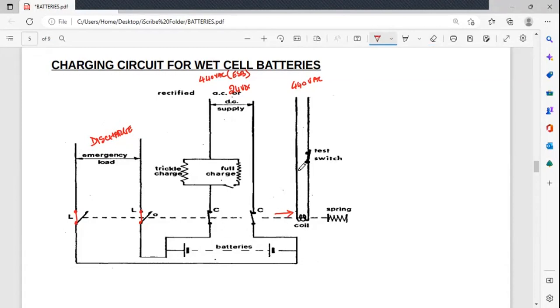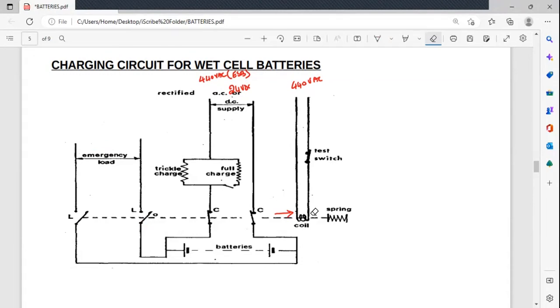Once again, these two close and these two open up. So the batteries are no longer supplying your load, and they are recharged by automatically switching back to the charging process.